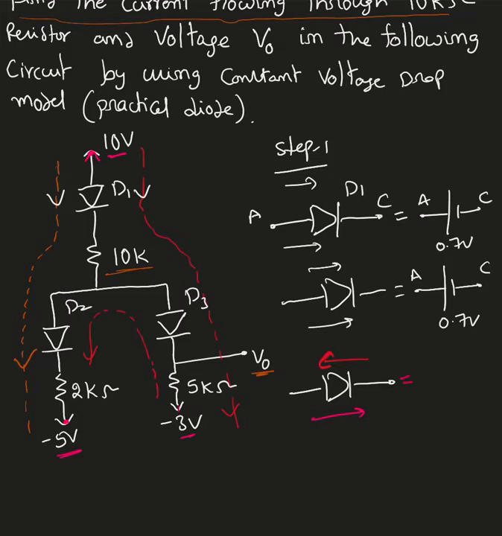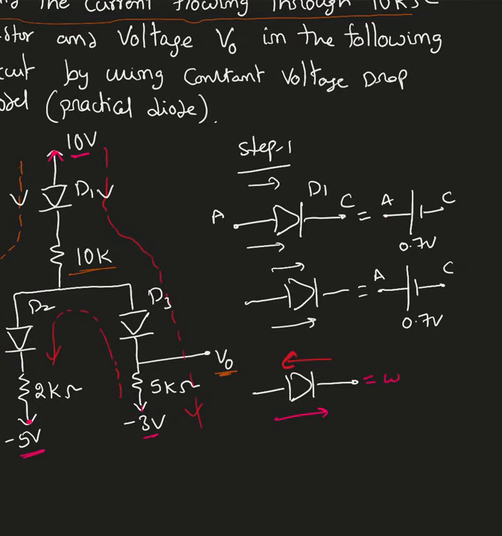In this case, we don't know which direction the current is flowing. We don't know whether this diode is acting like a closed switch or open switch. So diode D3, we don't know whether this is acting like closed or open because one current is flowing from anode to cathode. Another possible current is flowing from cathode to anode.